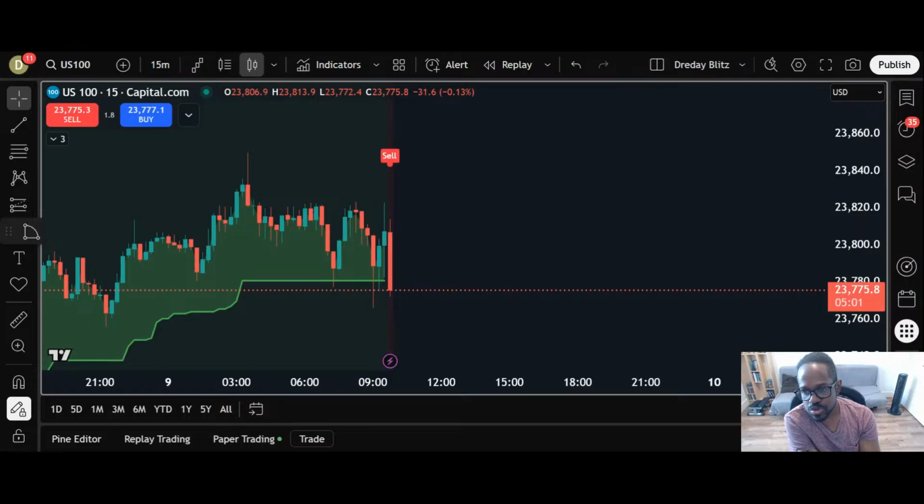Remember, with Nova specifically, you need to wait for it to close as a sell, meaning a bearish movement, to confirm that the market started to switch.